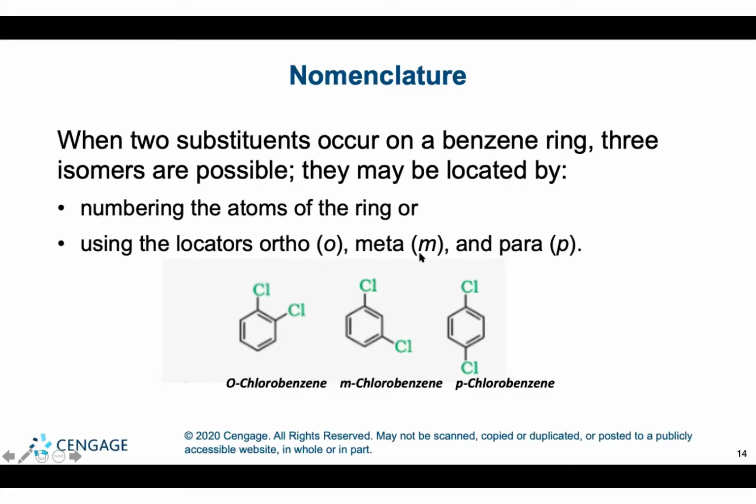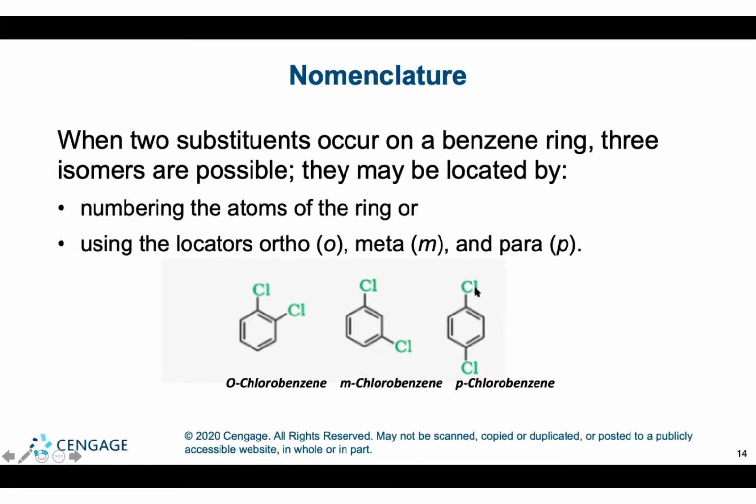Whenever the two are in positions 1 and 3, like 1,3-dichlorobenzene, we call it meta, also in italic. It's going to be meta-dichlorobenzene.